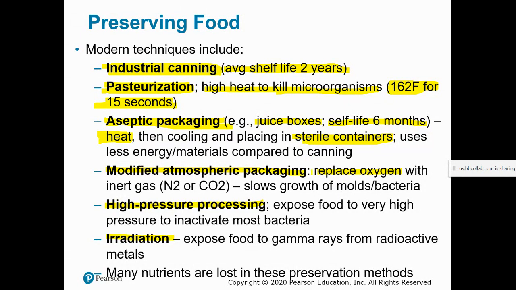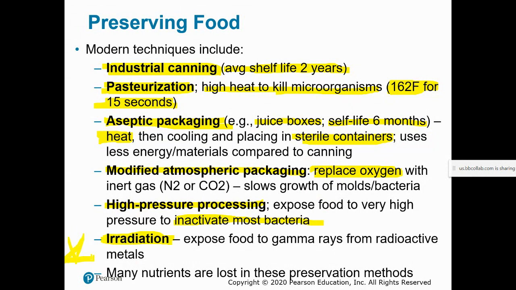Modified atmospheric packaging, so again, removing the oxygen. High pressure cooking, so again, taking the food to a very high temperature, high pressure, which will often increase the temperature too, but that again will inactivate most bacteria. And then a technique called irradiation that can also kill off bacteria.